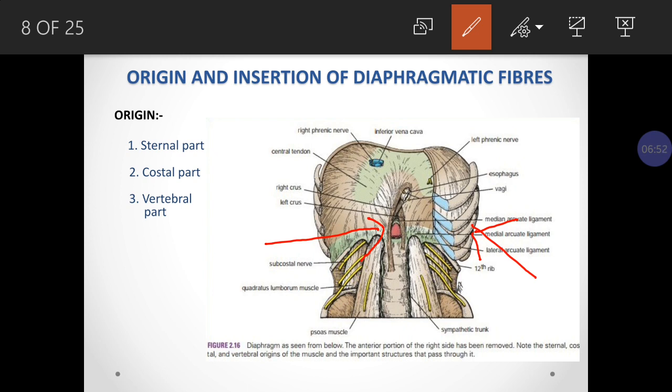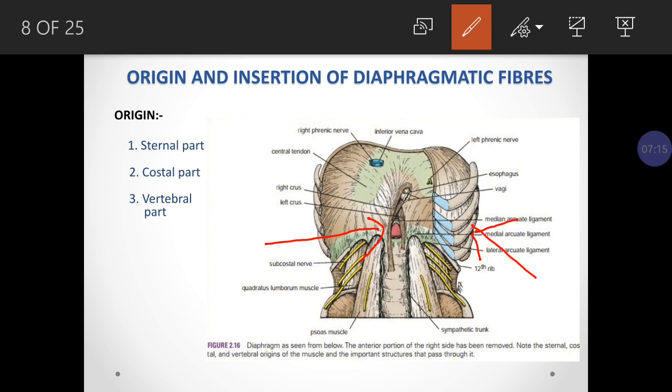Now come to the third part, which is the vertebral part, which is very important, and it has its origin from the first 3 lumbar vertebrae in the form of right crus and left crus, and then it also has its origin from the medial arcuate ligament and the lateral arcuate ligament.